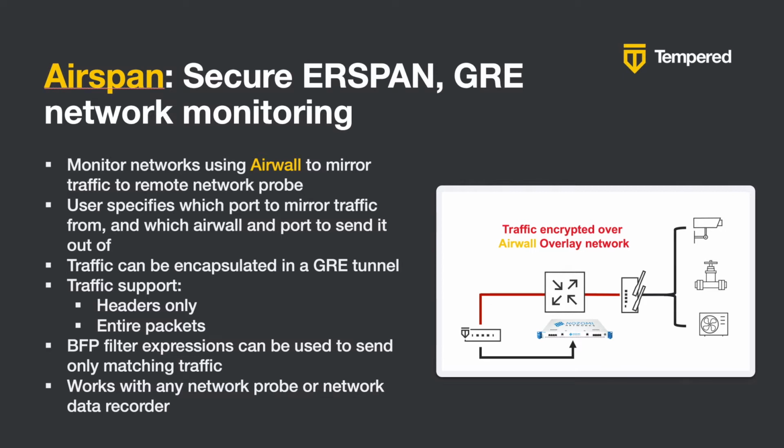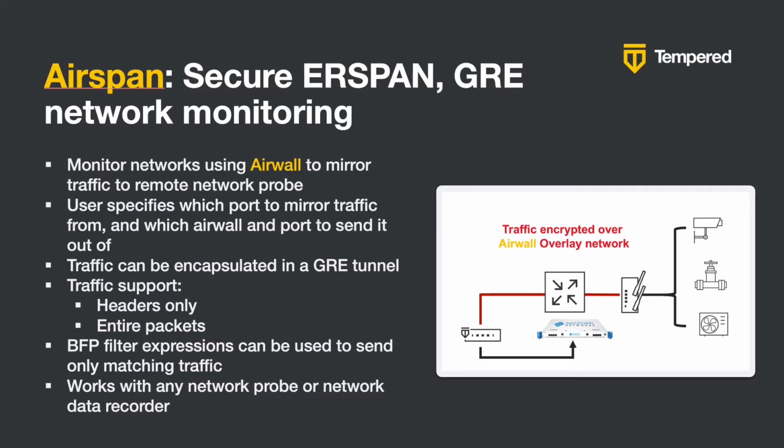You can mirror traffic from one Ethernet port on an Airwall to another, but the really interesting thing is that we can safely carry the mirror data, which is of course unencrypted by default, through our overlay network, encrypted and keeping it secure, going through firewalls and all the other things along the way. This makes it much easier to deploy network sensor technologies that you use for intrusion detection or even just network recording purposes inside your OT or your secure network.